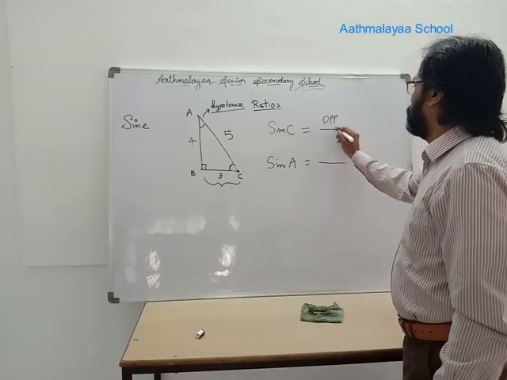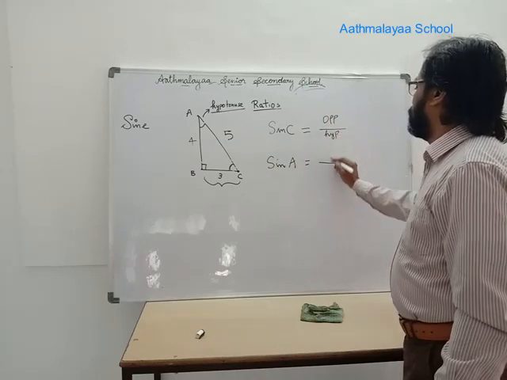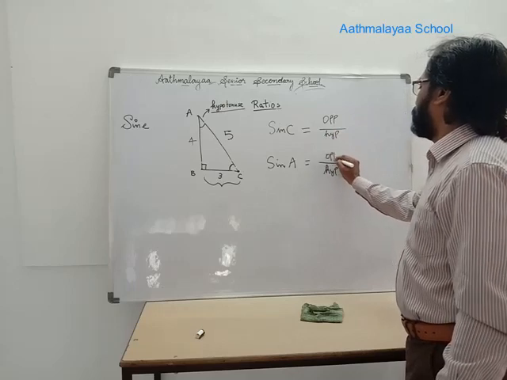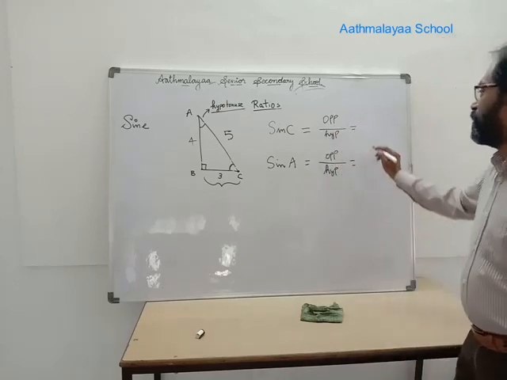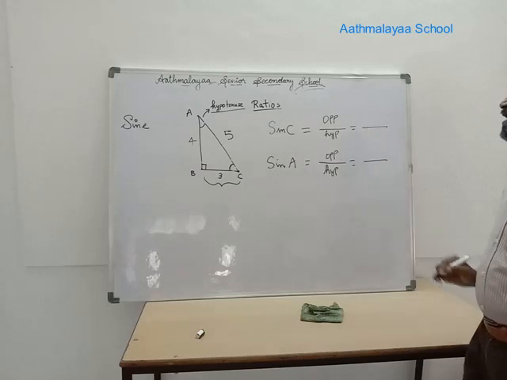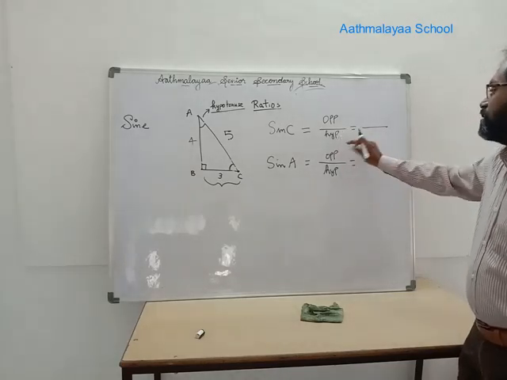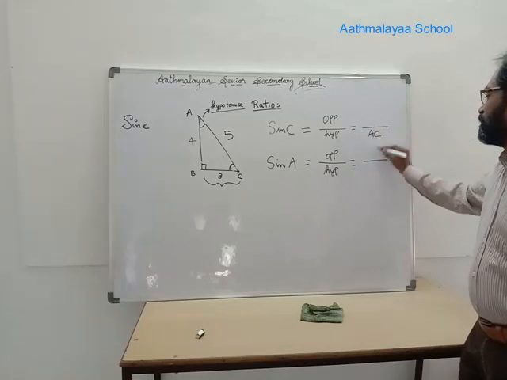Opposite by hypotenuse. Same definition, opposite by hypotenuse. The only thing that differs is the opposite side. In both cases, the hypotenuse is the same, AC.